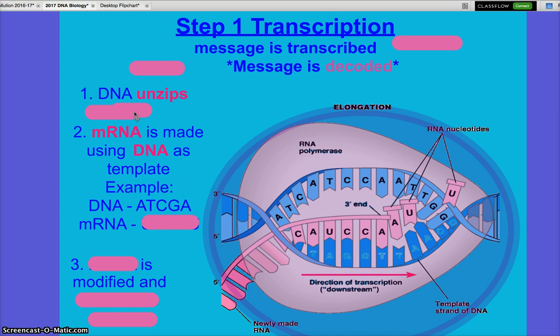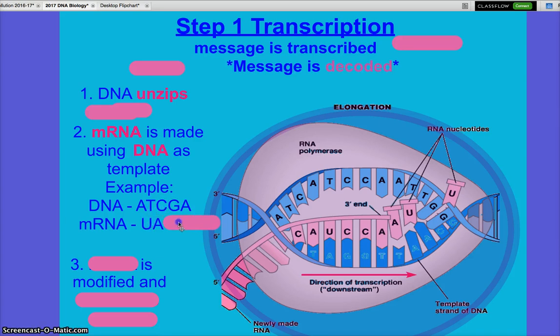So if DNA's template is ATCGA, who could tell me what RNA would be? It's going to bring in corresponding bases, because remember those bases are attracted. AU. What's next? That's a C. Okay, we got AU.